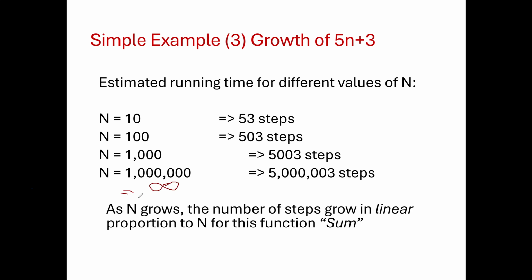Yes, sir. Let's go. When n is moving towards infinity, when n is becoming extremely large, what we call the worst case scenario. Now, the worst case scenario is when we are dealing with extremely large values of n.